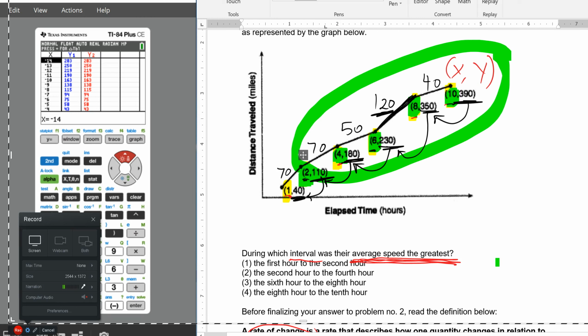So really, all of these rates should be divided by 2, right? We did 70 miles, but over a span of 2 hours, 50 miles over 2 hours, and so on.